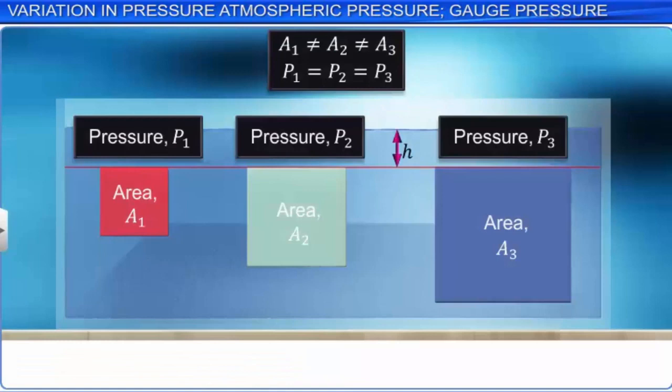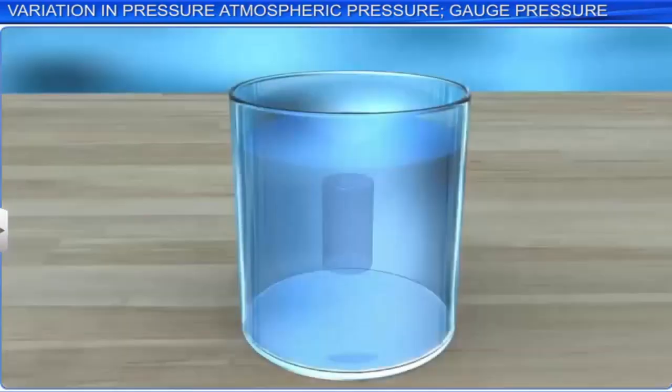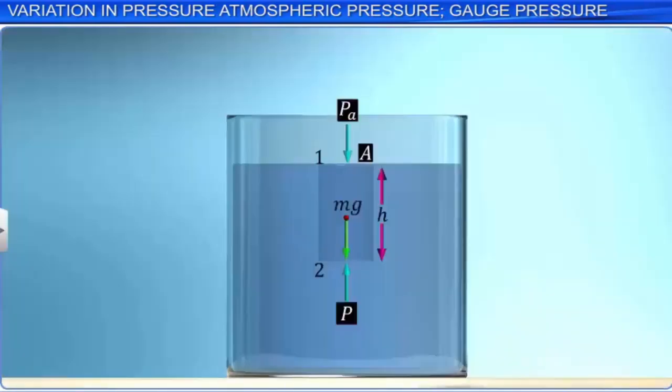If point 1 of the liquid element considered is on the top surface of the liquid and is exposed to the atmosphere, then the pressure at the bottom of the element becomes P equals Pa plus ρgh, where Pa is atmospheric pressure. Here, the pressure difference, P minus Pa, is called the gauge pressure at that point.